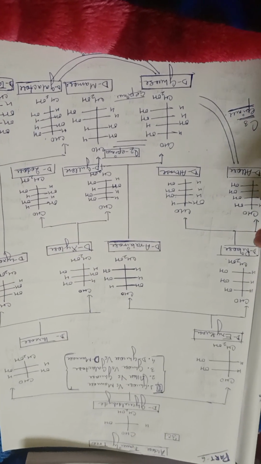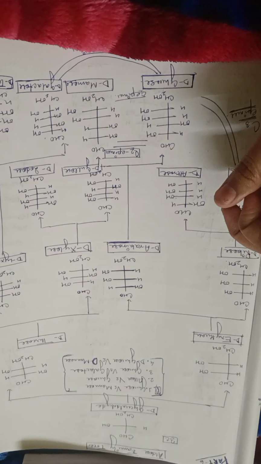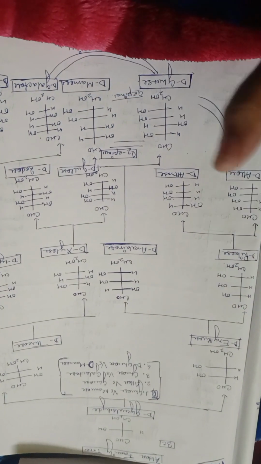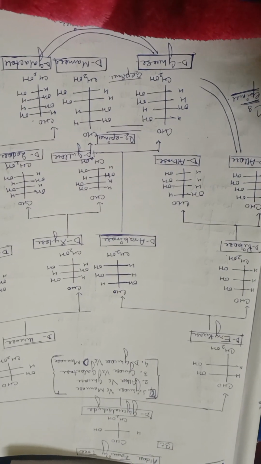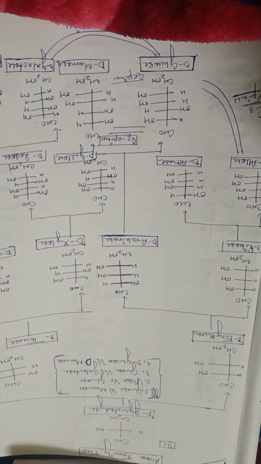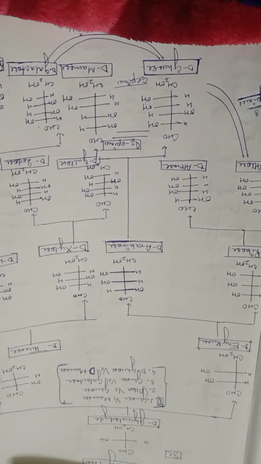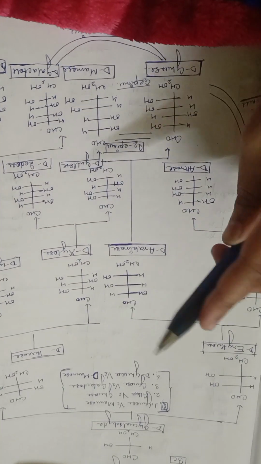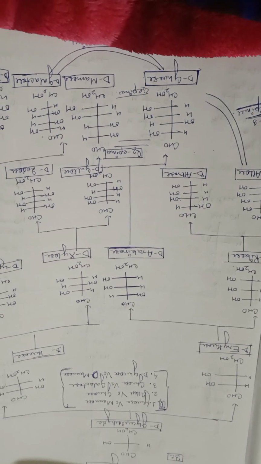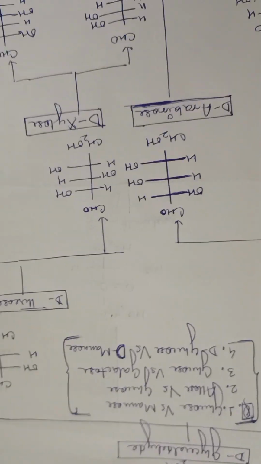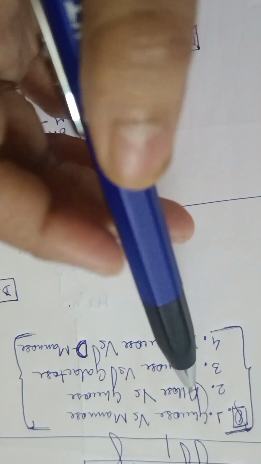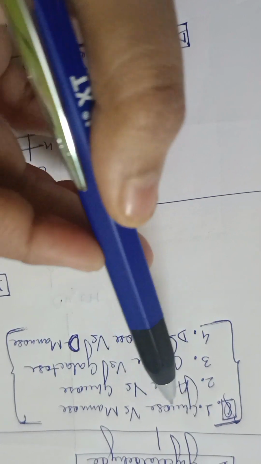So this is my aldose family tree, and I have just drawn it for practicing some questions of diastereomer, epimer, anomer. Anomer I have not started, I will start today. Epimer questions I will practice with you. So over here the epimer question I have written glucose versus mannose.